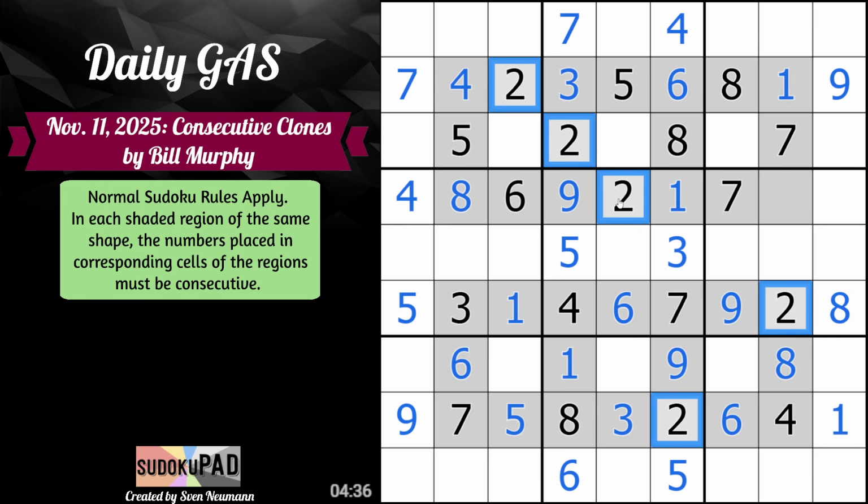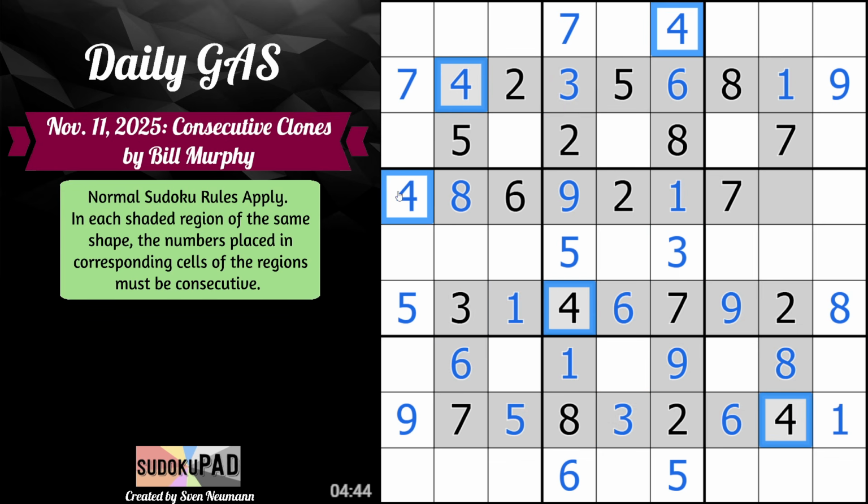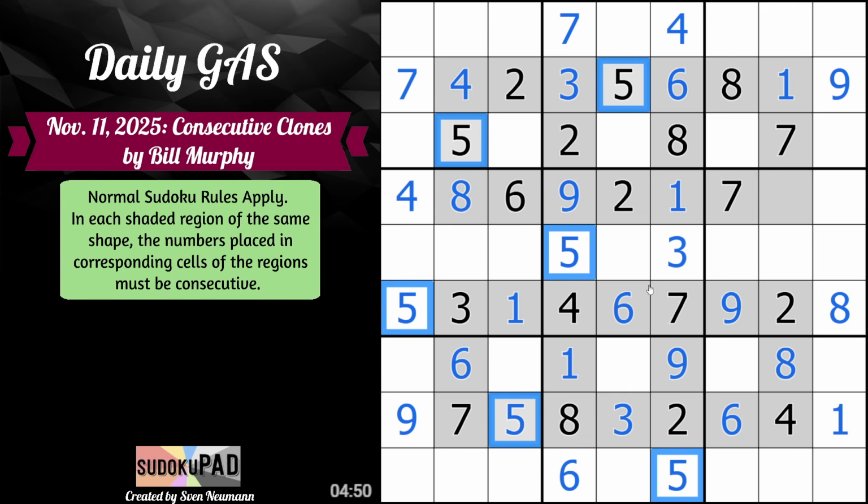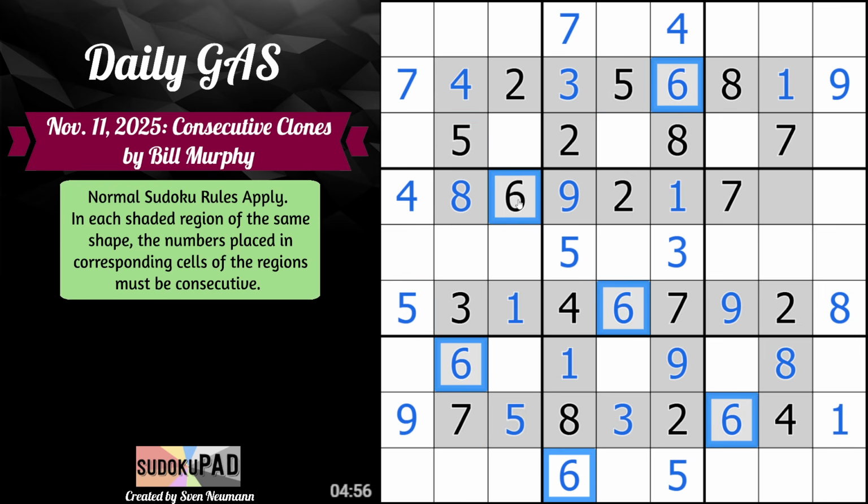I'm just going to double click and see what I am missing, because I'm unable to just scan this morning. Right, X-wing here, and this can be anything. 6s. Yeah, we keep getting these X-wings.